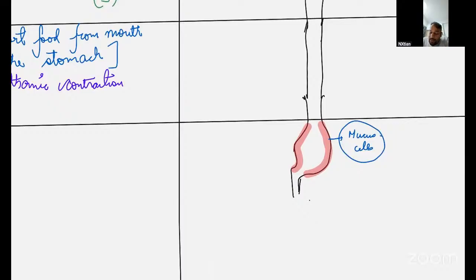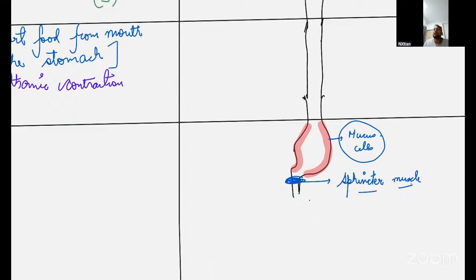But what I'm trying to say, there is one muscle there. It is called sphincter muscle. Now, what is the role of sphincter muscle?